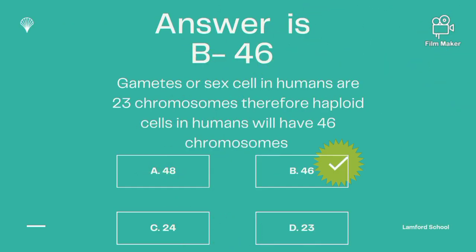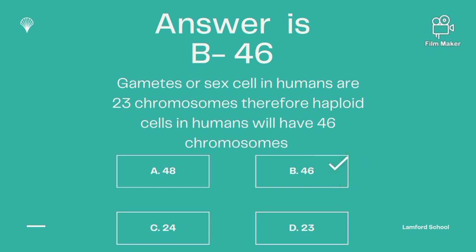The correct option is option B, 46. Since gamete cells are haploid, they are half of the diploid cells, and since it is 23 chromosomes, multiplying this by 2 gives us 46 chromosomes in the diploid cell.